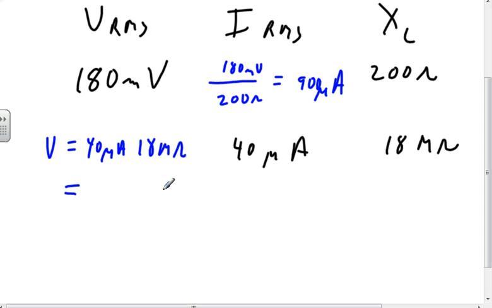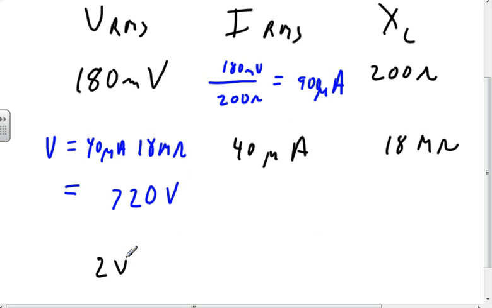And I can just do that in my head. 0, 4 times 8, 32, carry 3, 7 volts. Is that right? 18 times 40. You're right, 720. Luckily I have my small eraser, so everything's fine. Otherwise I would have been hosed again.